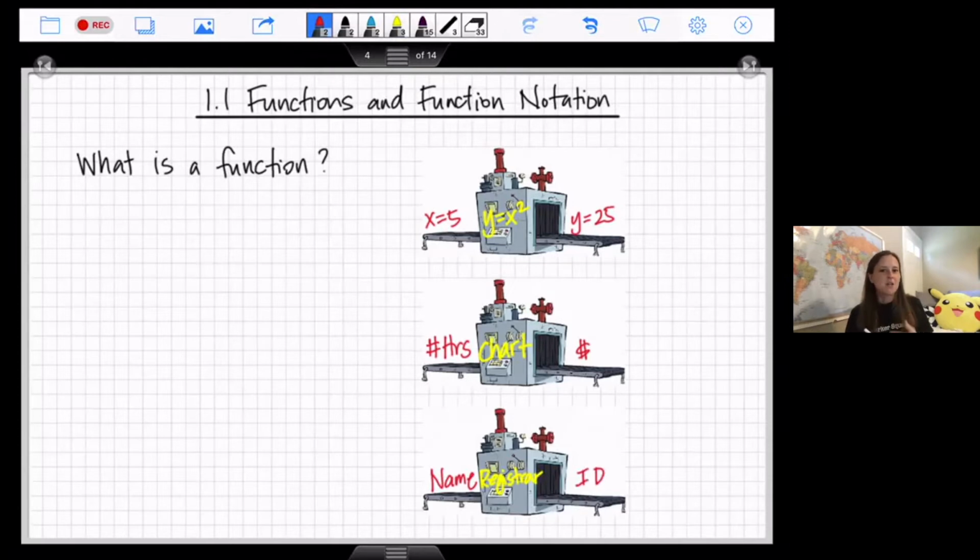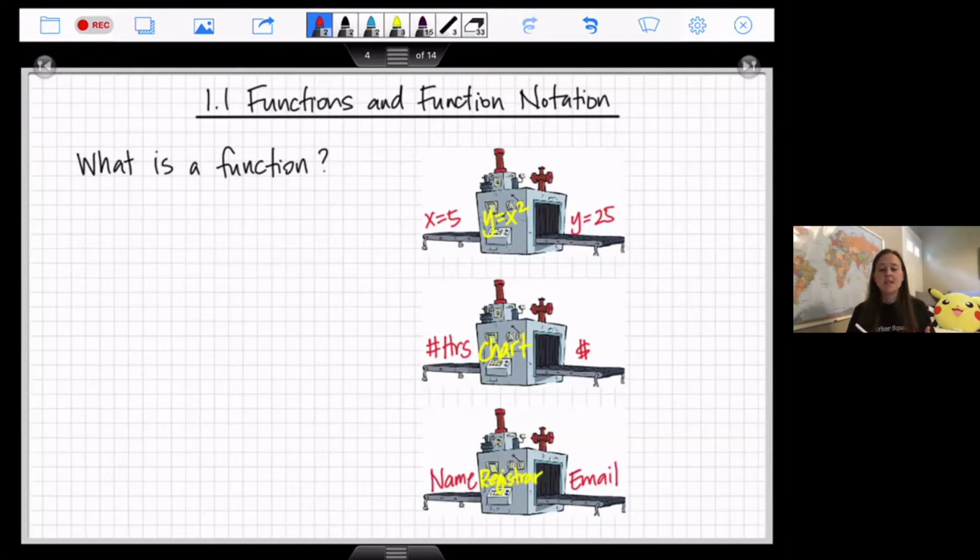Let me change that last one and give you an example of something that wouldn't be a function. If I called up the registrar, and instead of asking for your ID, I asked her for the email that you have on file, probably the registrar has more than one email address for you on file, right? The one that you put on your application, and then you also have your PACE email in the computer.